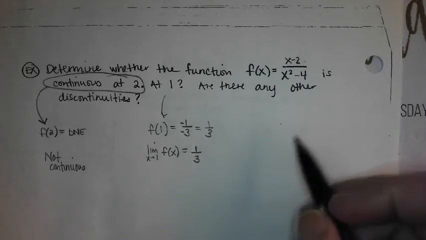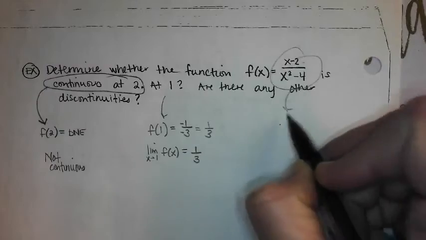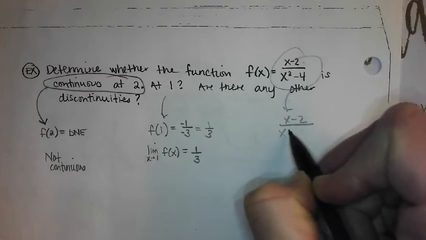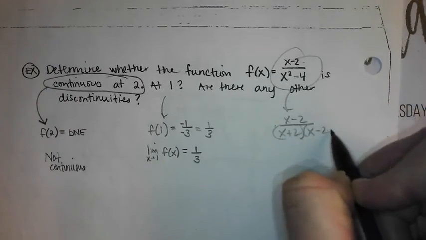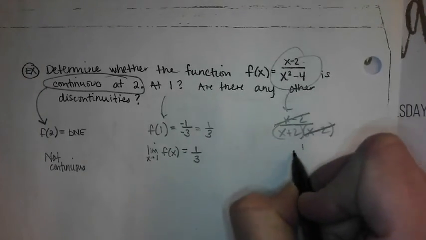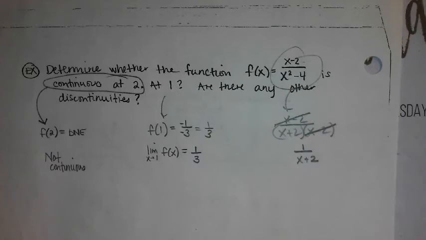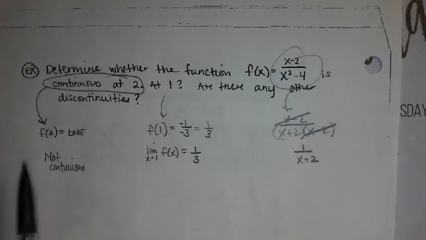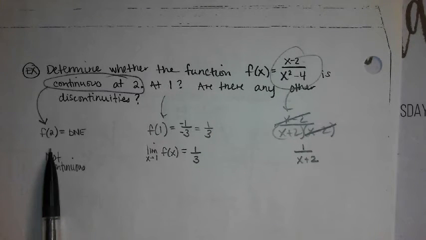Any other discontinuities will come from actually searching yourself. x minus 2 over x plus 2, x minus 2. So we have a discontinuity at 2, which we already knew about. We didn't do it, but going back, would the limit have existed as we approached 2?